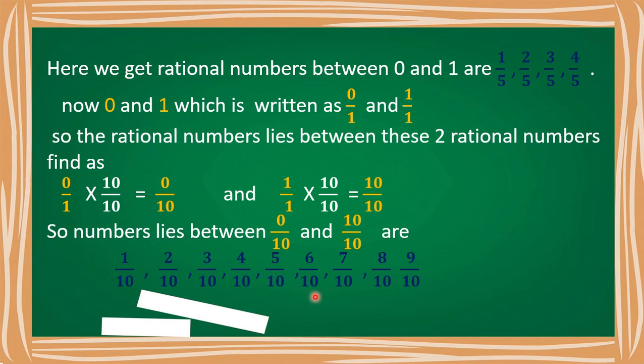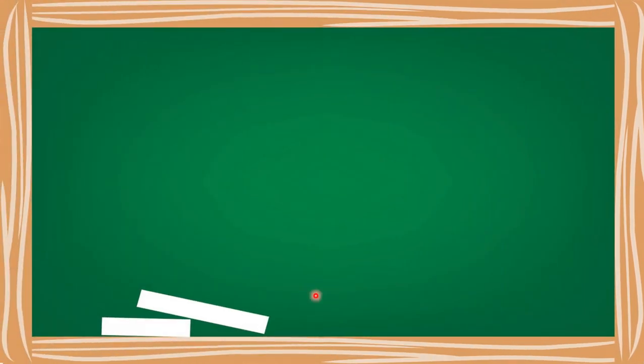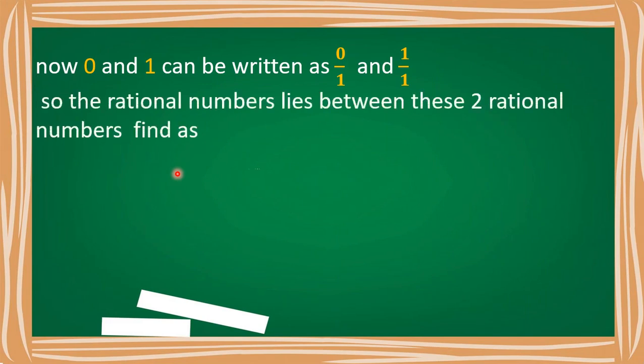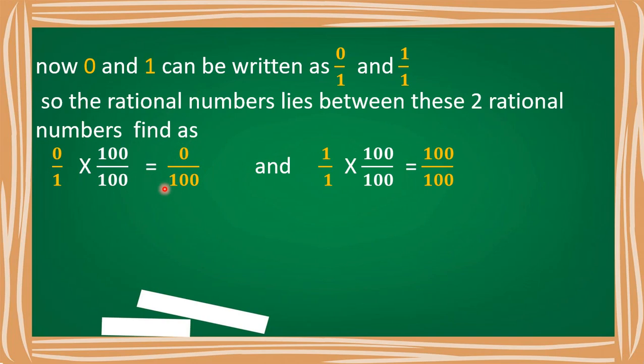Similarly, if we write the denominator as 100, what will happen? Correct, 0 upon 100 and 100 upon 100. Here again we are making the given rational numbers into equivalent fractions by making the denominators of both given numbers the same. Now we have to find the rational numbers between 0 upon 100 and 100 upon 100.